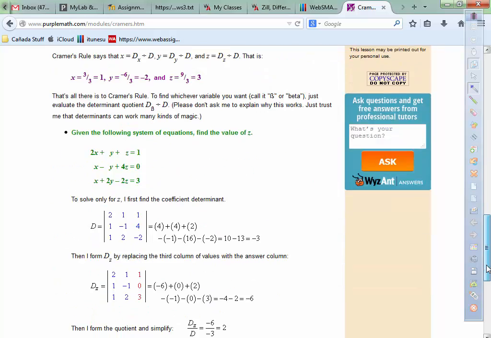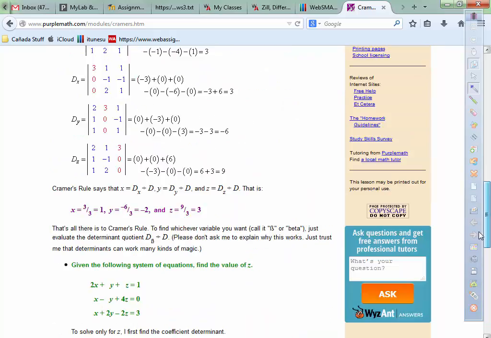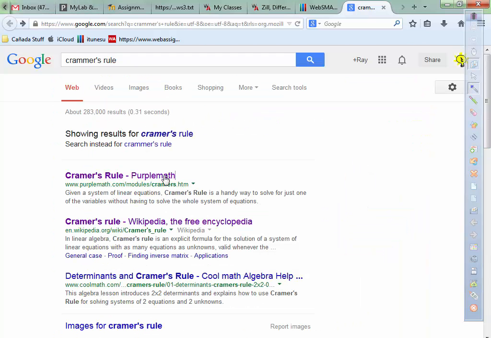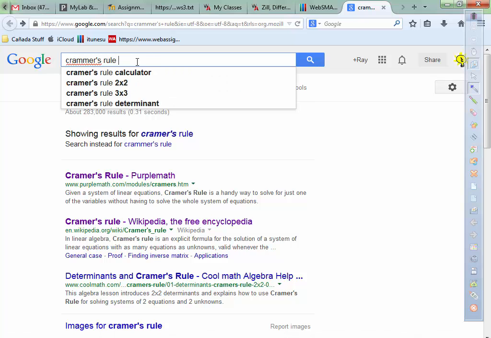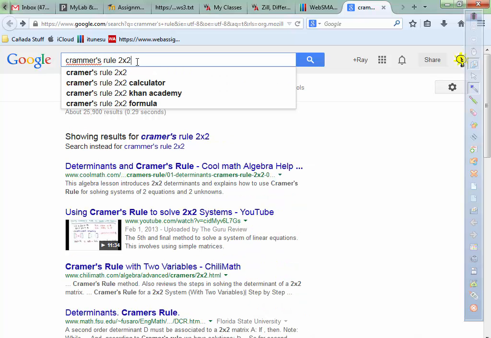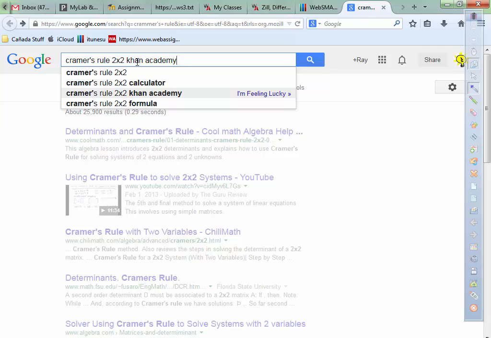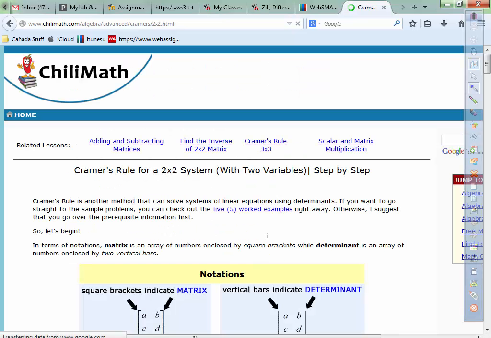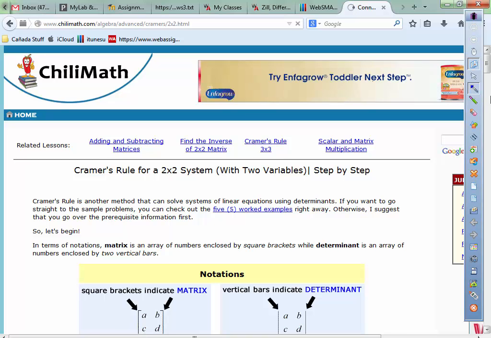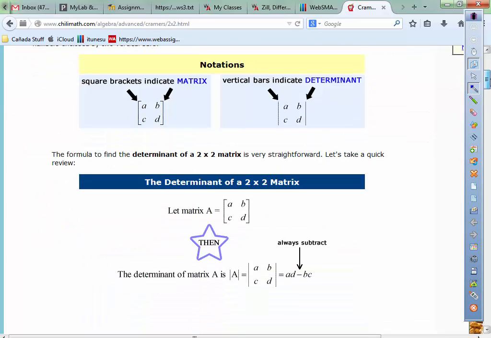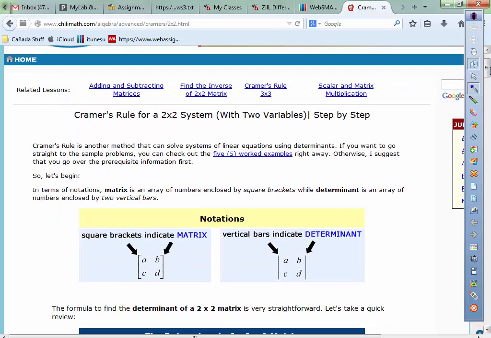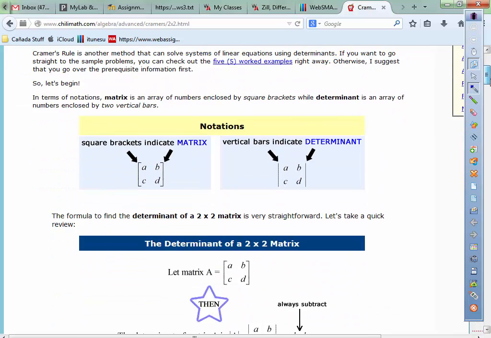I want just 2 by 2. Chilly now? That's what it says. Okay.